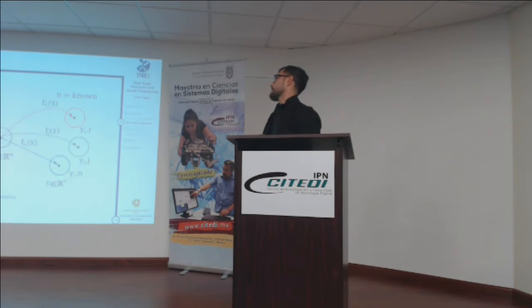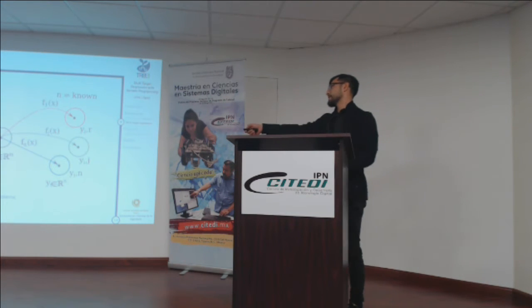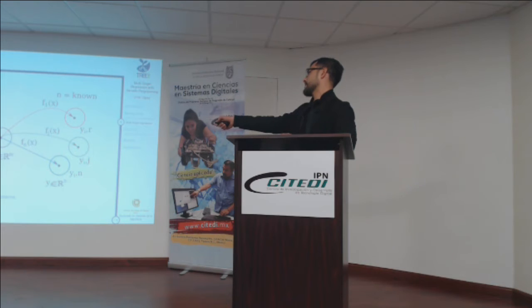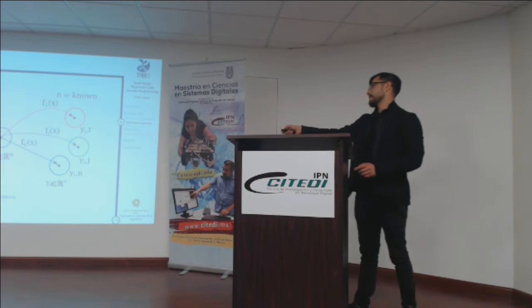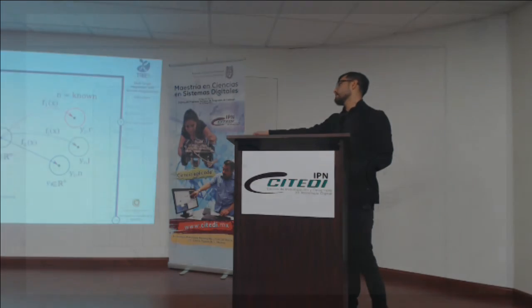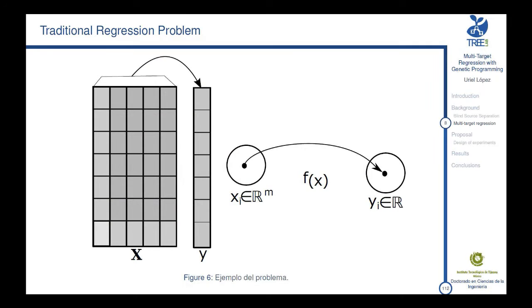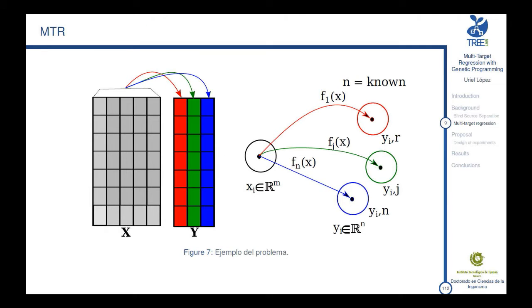Multi-target regression takes a matrix of inputs and a matrix of outputs. But we know exactly that all of this maps onto one column of the matrix of outputs, and the same inputs map to another one and another one. So we know exactly how many sources we have to find, and we know exactly how they map, where they go to.